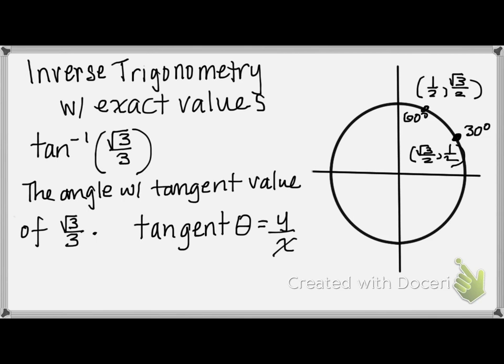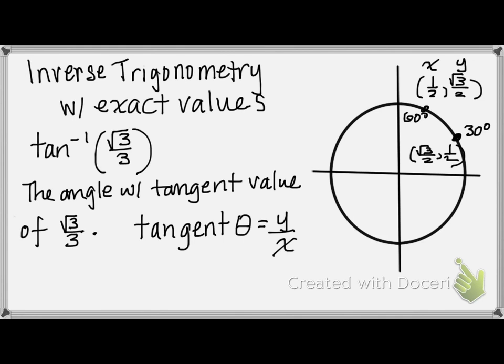So this is really basic arithmetic at this point. Which of these xy coordinates, so I've got the x coordinate and the y coordinate for both of these, if I do y over x, which one comes out to rad 3 over 3? All right.